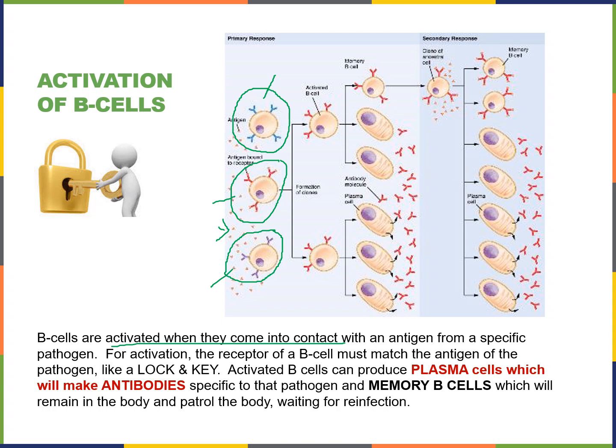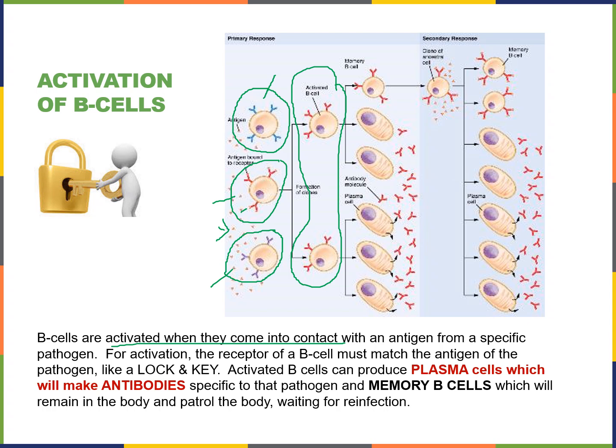So the B cell with the antibody that can respond, bind to the free floating antigen, is the one that is shown here that becomes activated. The others, they just keep moving around in the body, hoping that one day they will meet an antigen that they can bind to.